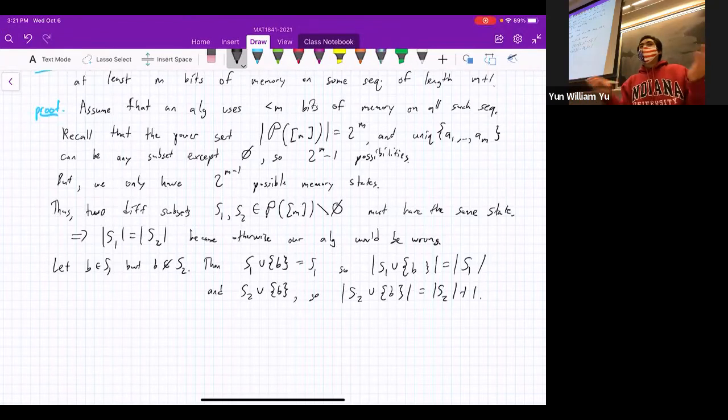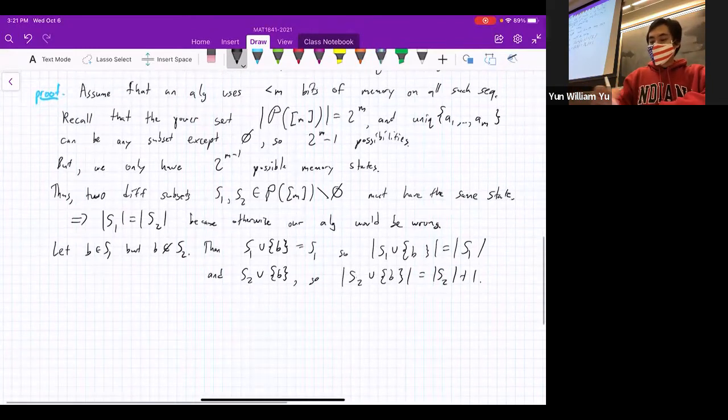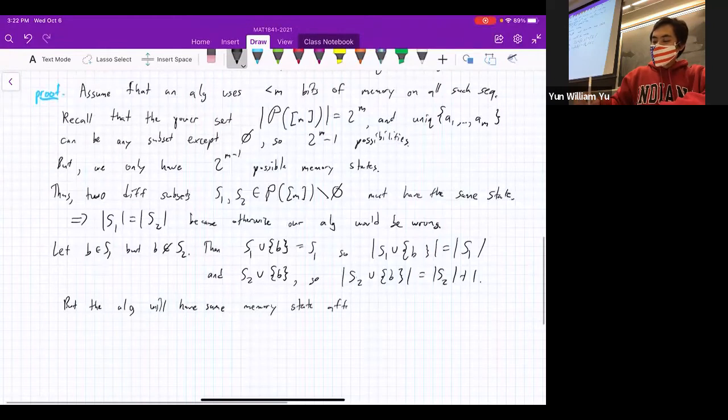But because the algorithm has the same memory state on S1 and S2, it has to have the same memory state when you add another item to the stream. And therefore, it must give a wrong answer on one of them. So the algorithm will have the same memory state after adding B, so it must be wrong on one of them.